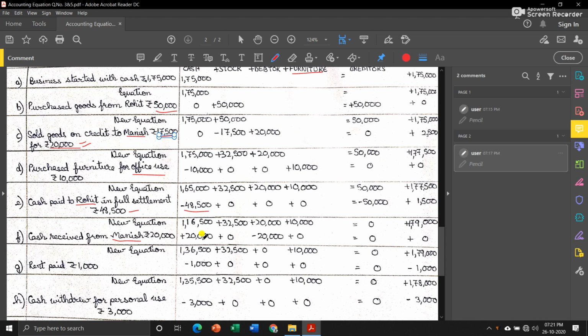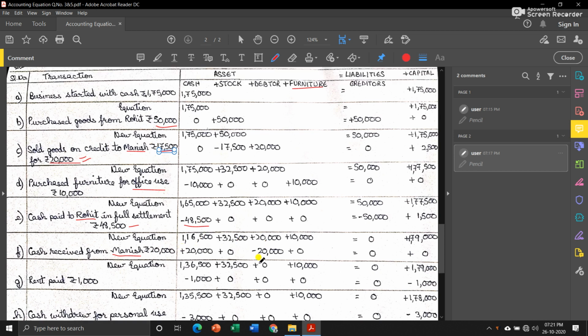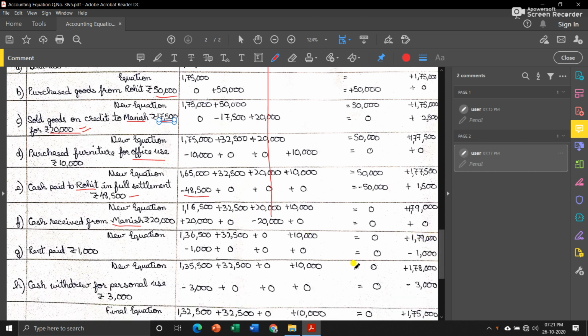So we will write plus 20,000 in cash, and we will deduct the debtor because he was our debtor, so we will deduct this minus 20,000 under debtor section and nothing to do with capital. So our new equation is cash 1,36,500, then stock 32,500, debtor, since we received 20,000 from our debtor, it will become 0. 20,000 minus 20,000 is 0. Then furniture 10,000 and capital 1,79,000.